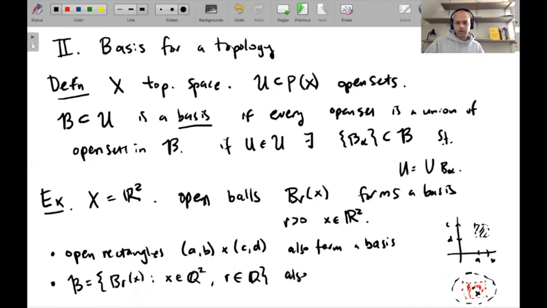This is also a basis, essentially because on the real line, any open set around a rational point or irrational point contains rational points. The nice thing about this basis is that it's countable. It has countably many elements.